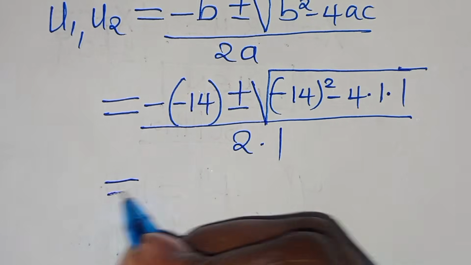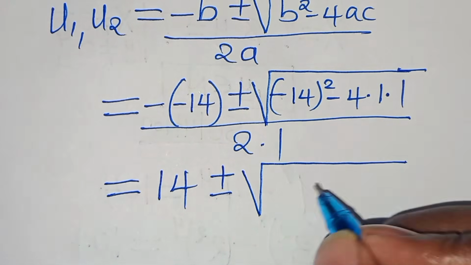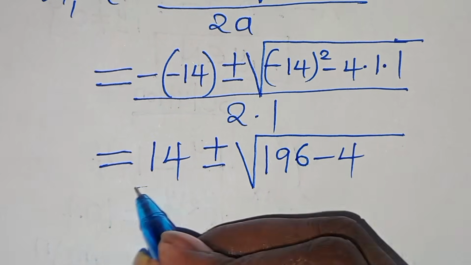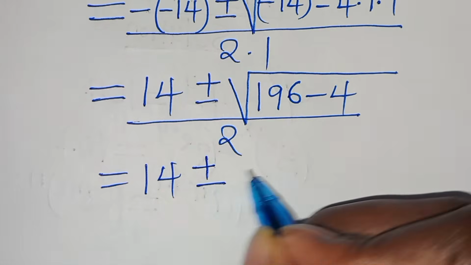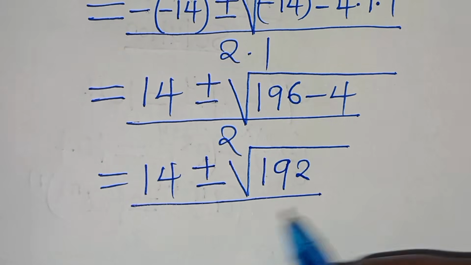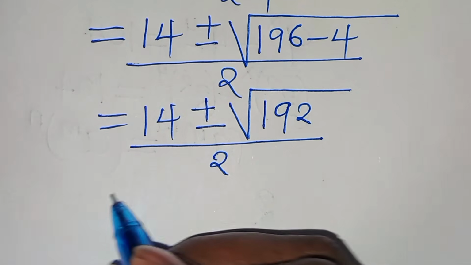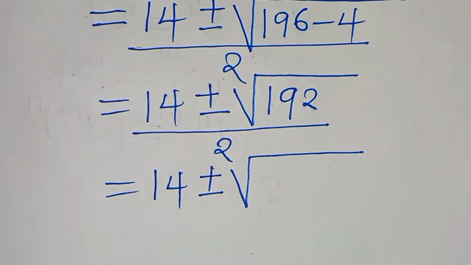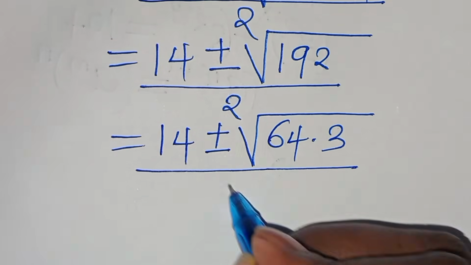So now we have 14 plus or minus the square root of 196 minus 4, everything divided by 2.